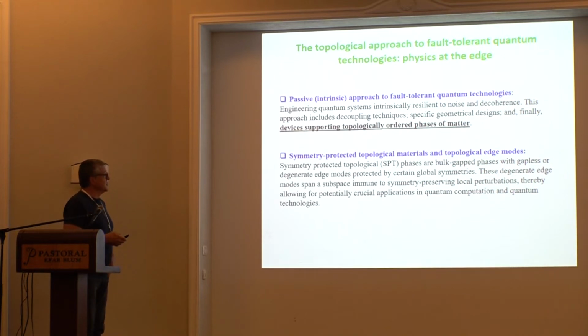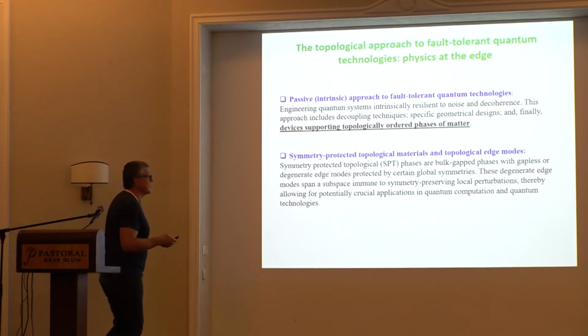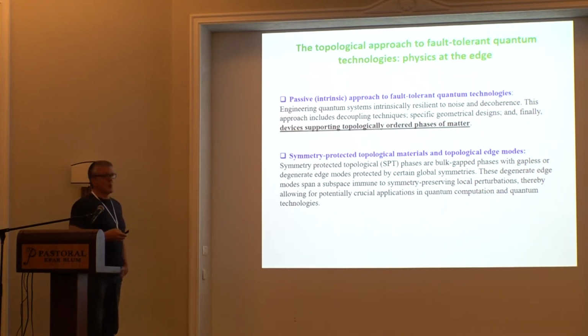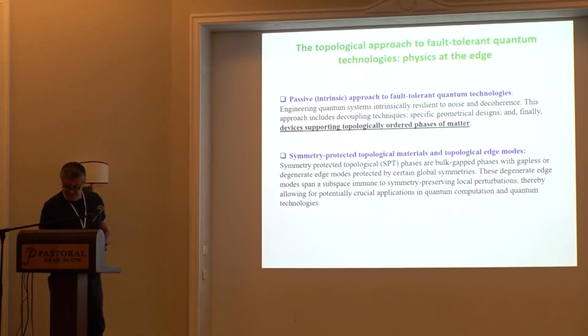Why is this important? Because in the passive approach to fault-tolerant quantum technologies, what you are trying to obtain is devices that support phases that are intrinsically robust against decoherence and noise effects. And topological phases are one prominent example of this possibility.